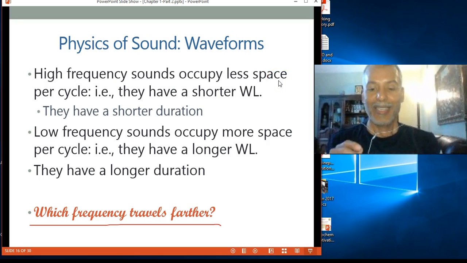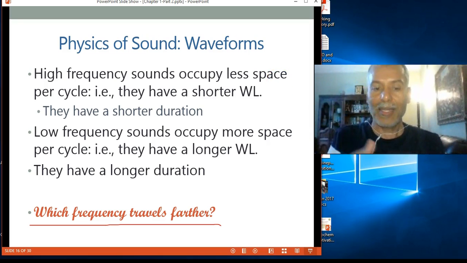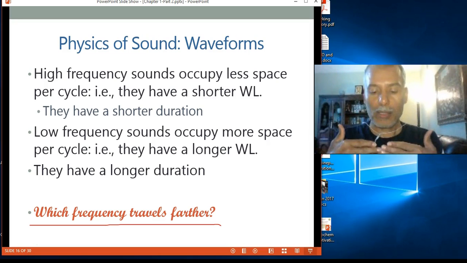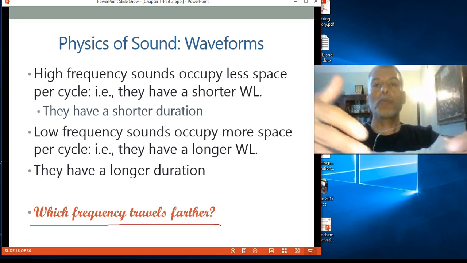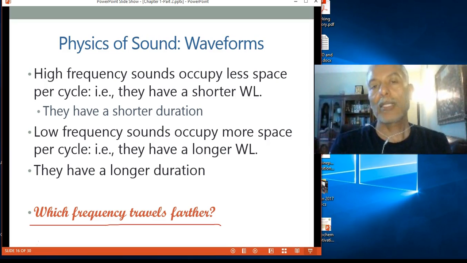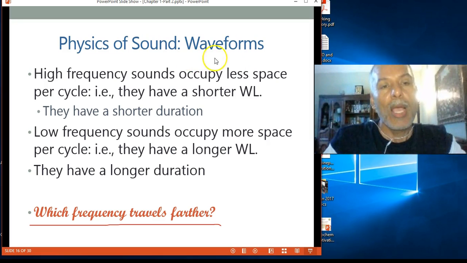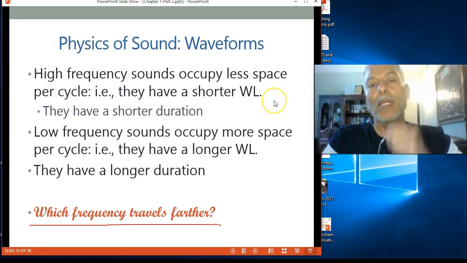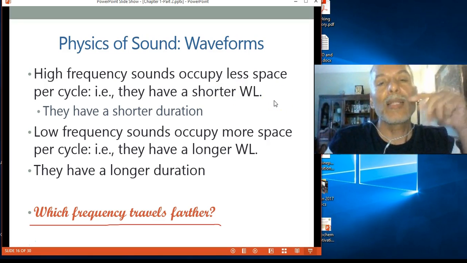That means if I stand in front of the class, and let's say the class has 100 rows of people, and next to me is a child who is 2 years old, and I say ah, and the 2-year-old says ah at the same loudness.